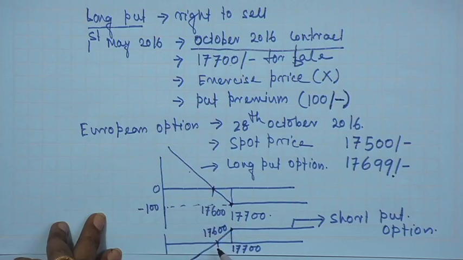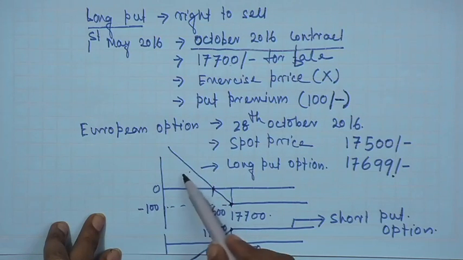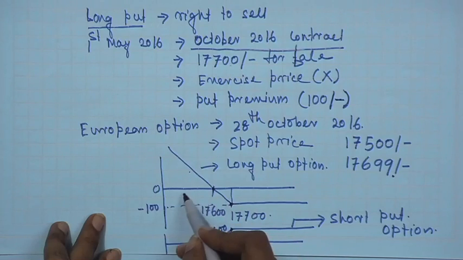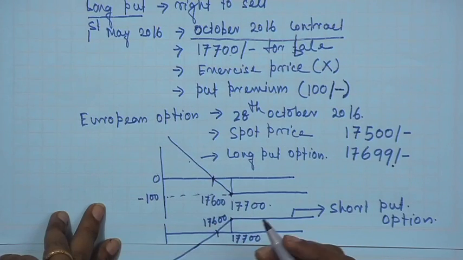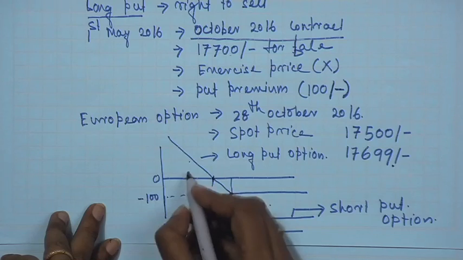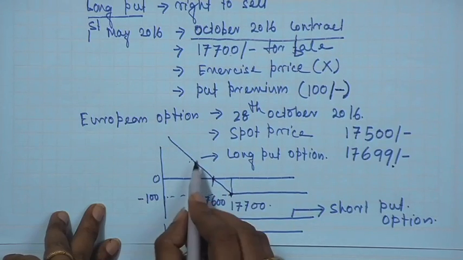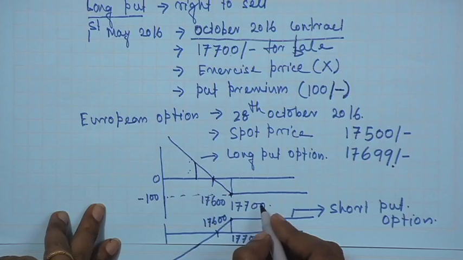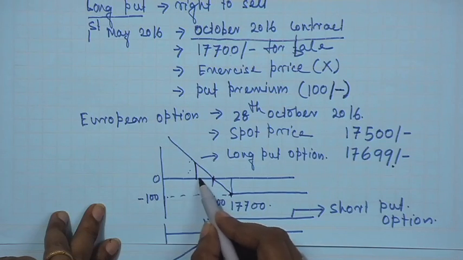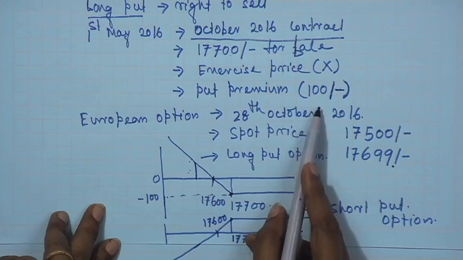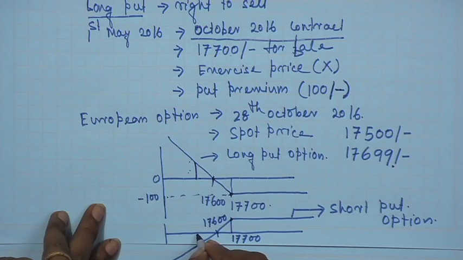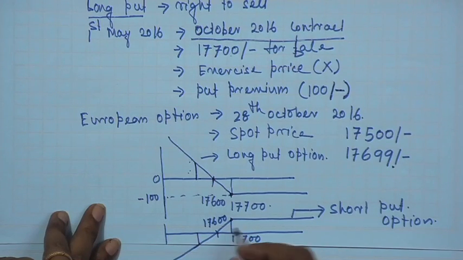As we know, it is a zero sum game. At a price of 17,500, the long put option holder will gain 100 rupees benefit after adjusting for the premium, and this party will lose 100 rupees after adjusting for the premium receipt.